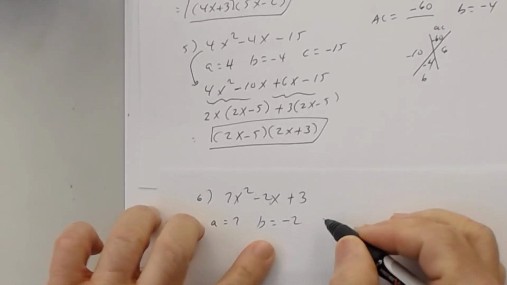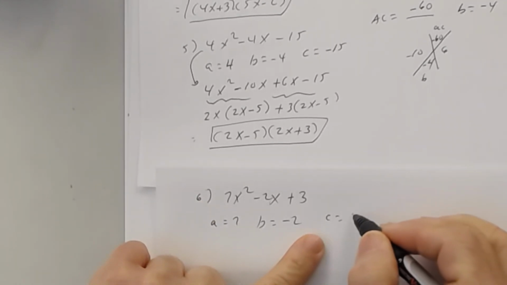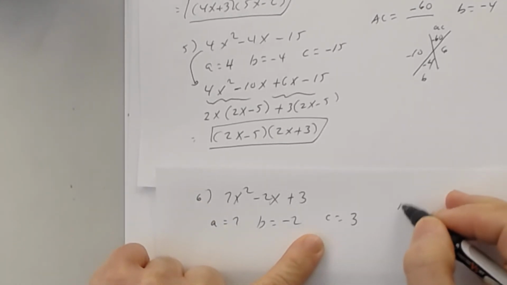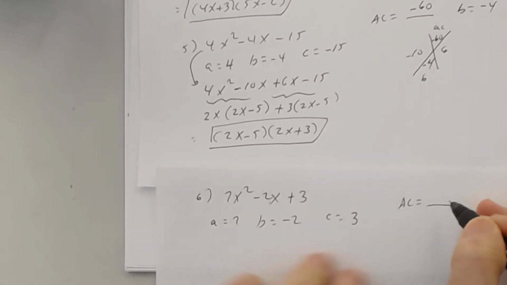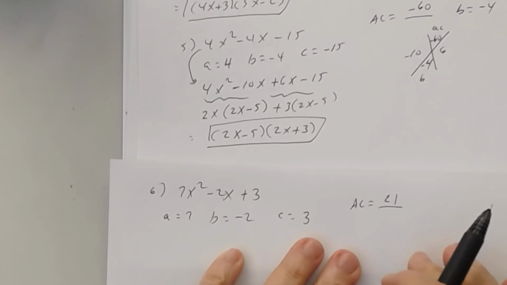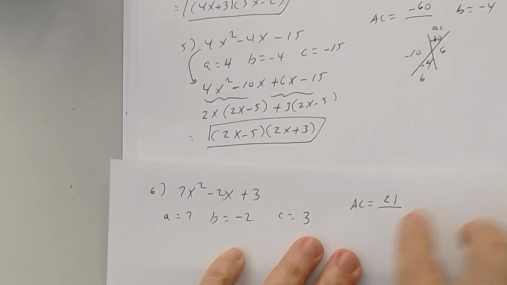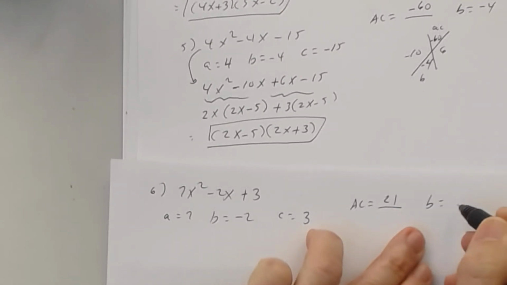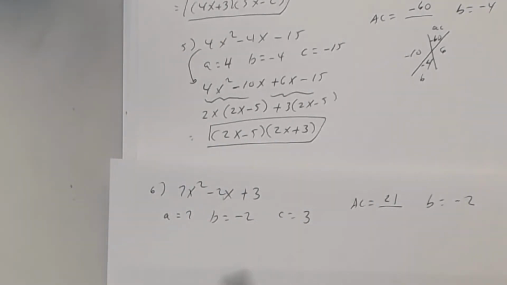Negative 2. Good. What's C? 3. Okay. What's A times C? A times C, 7 times 3 is 21. So B is negative 2. Now, again, be careful because some of you still said 2, and I'm sure you probably meant negative 2, but you still got to be careful with your signs.